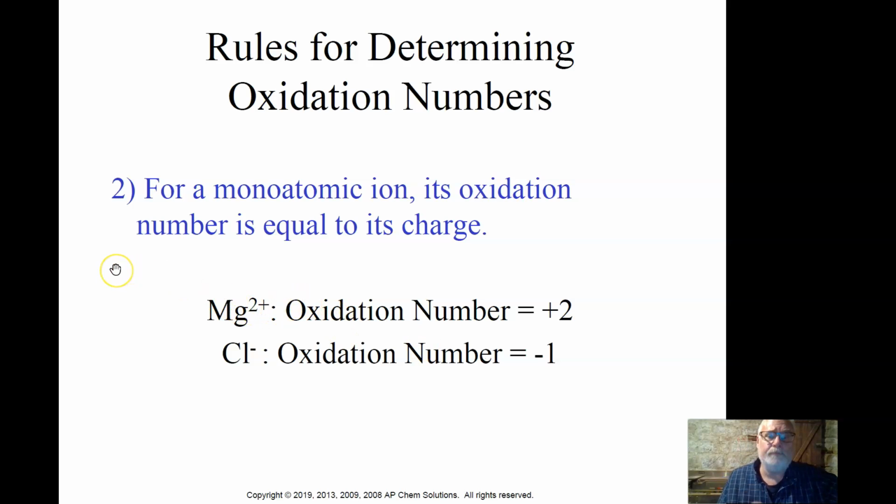If you know that it's a monatomic ion, you're home free because the charge is equal to the oxidation number. They do make a slight change here. I don't think you'll find a corrector on the AP who's going to be picky about this, but charges are supposed to be written 2+.